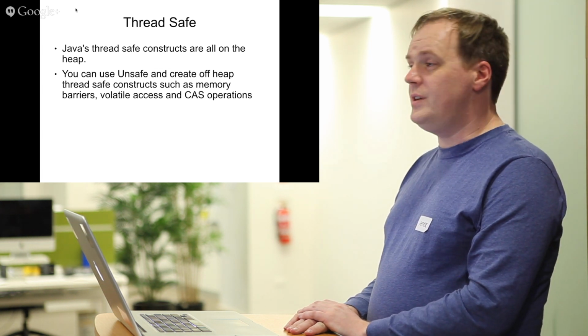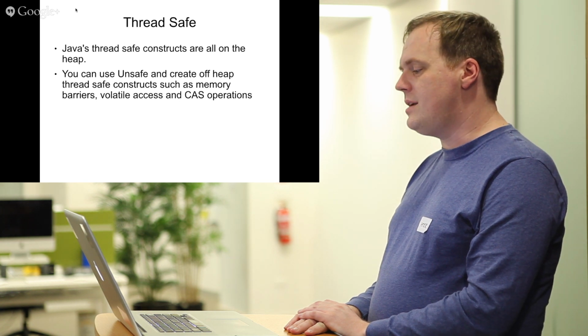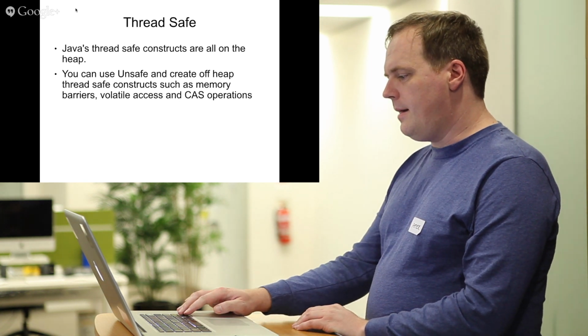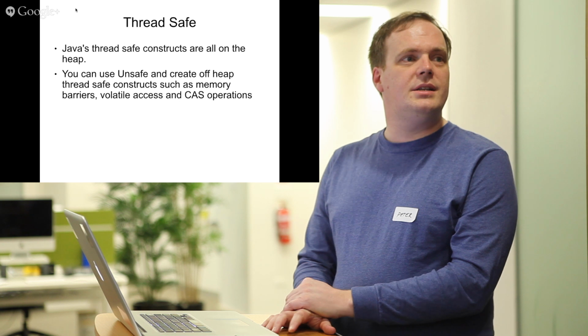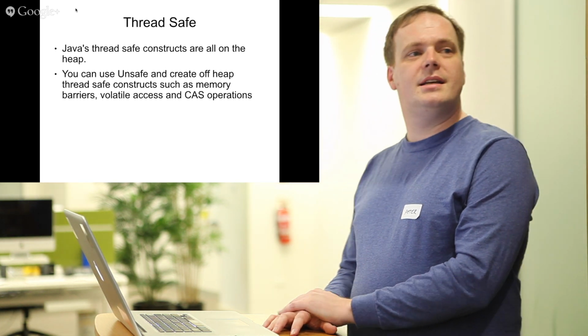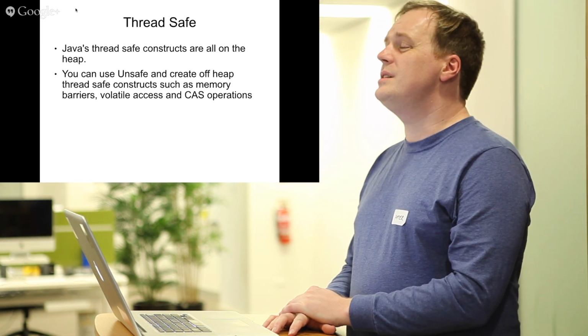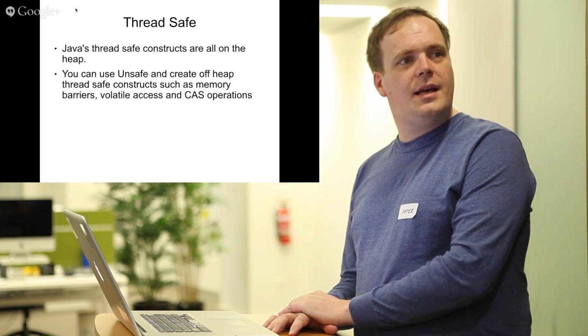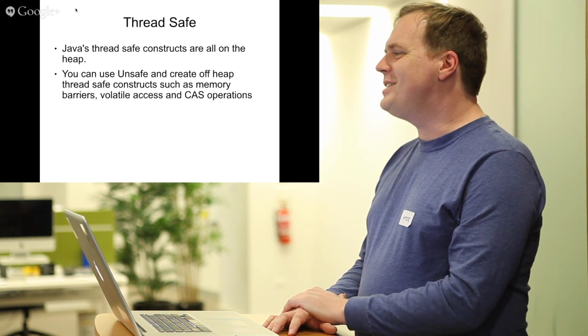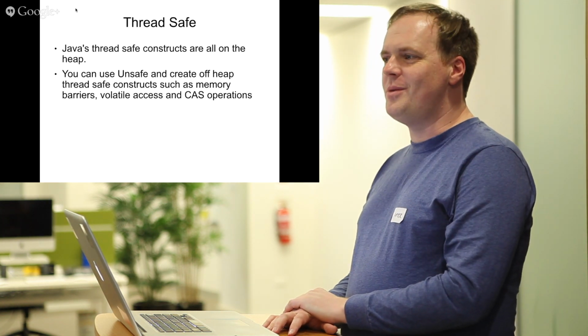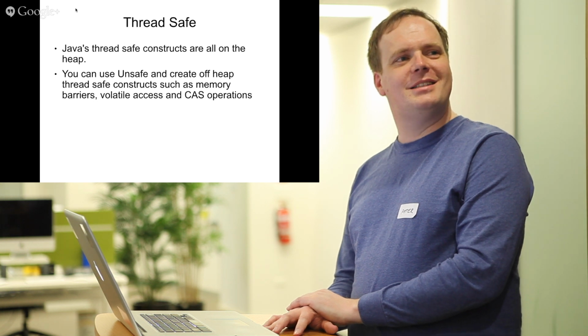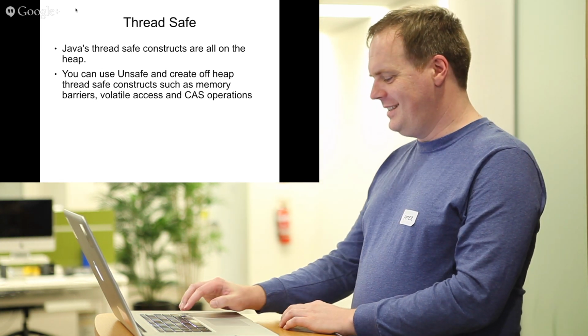So they're more efficient than you can achieve by making JNI calls. They also support a number of things such as memory barriers, volatile access, and compare and swap operations. And interestingly, in Java 8, one of the features that was on my list is discrete memory barriers, but that's a bit more obscure, I think.